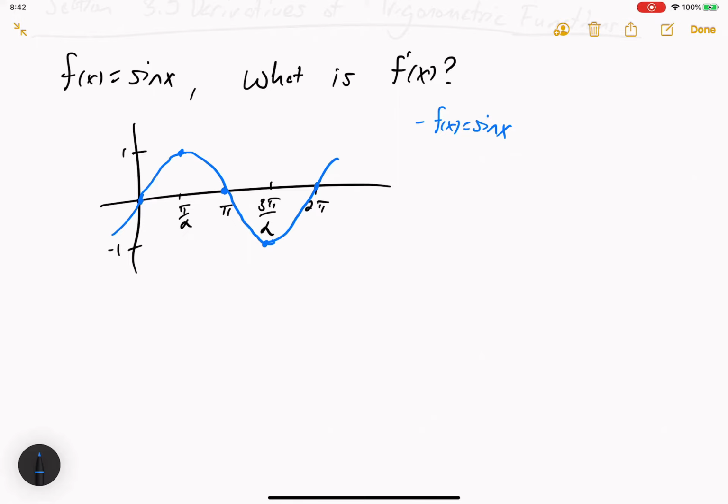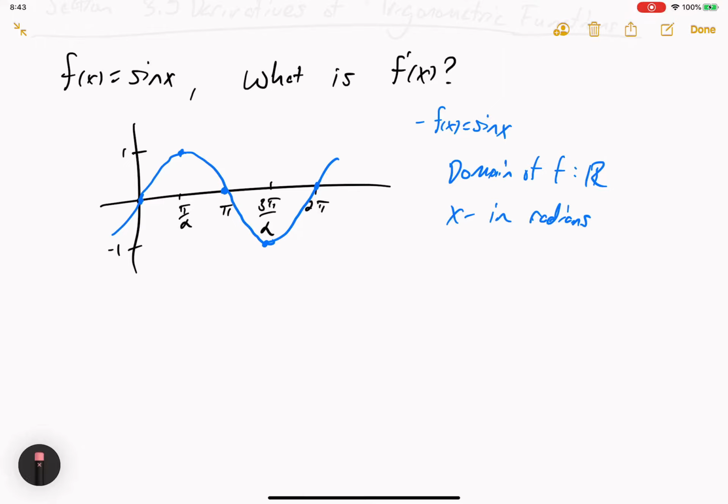So the domain of f is all real numbers. And remember, x is in radians. If you really wanted, you could define sine of x to be in degrees instead of radians, but that's just a pain. No one does that. Just keep it in radians.